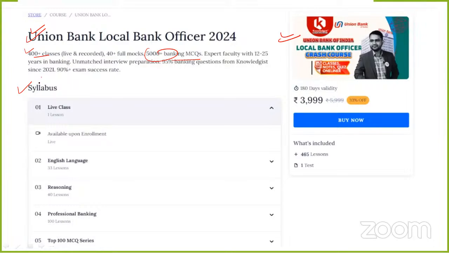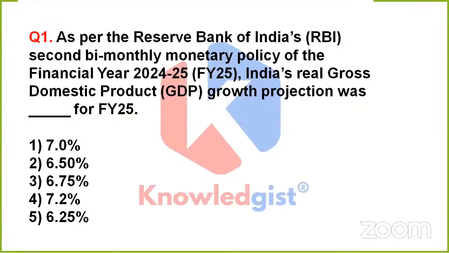Clear? So now, let us not waste much time and start with the very first question of the day. What is it asking? As per the Reserve Bank of India's second bi-monthly monetary policy of the financial year 2024-25, India's real gross domestic product GDP growth projection was dash for financial year 25.